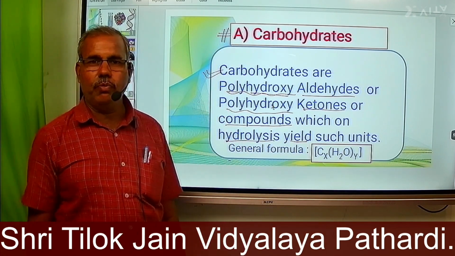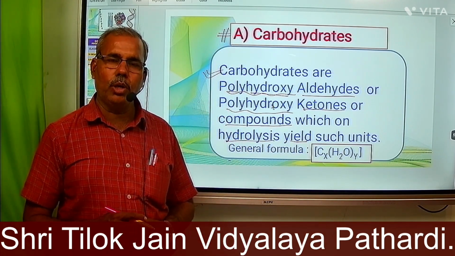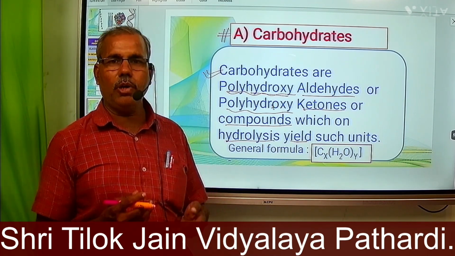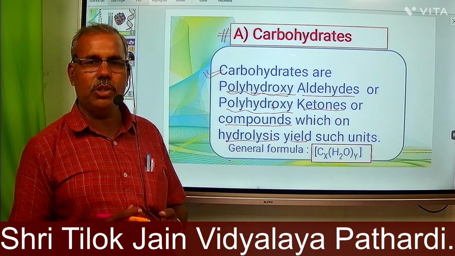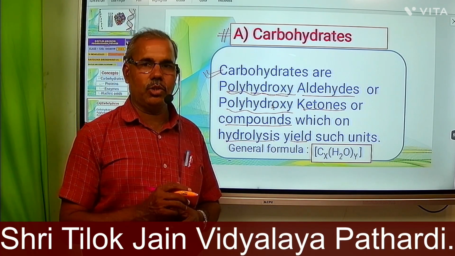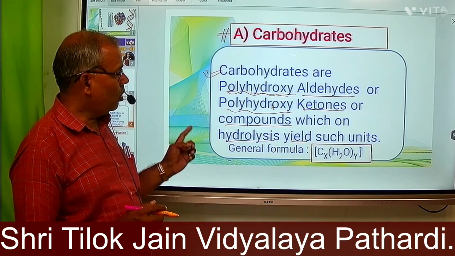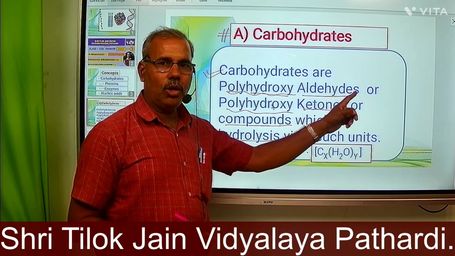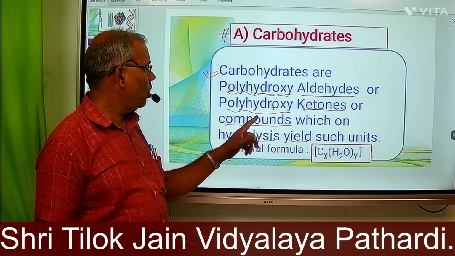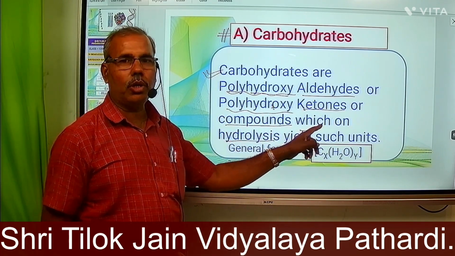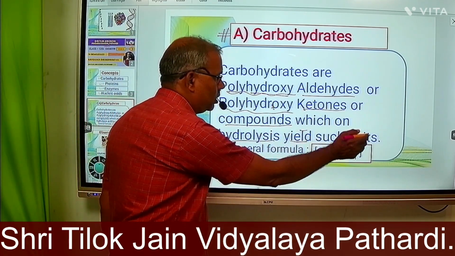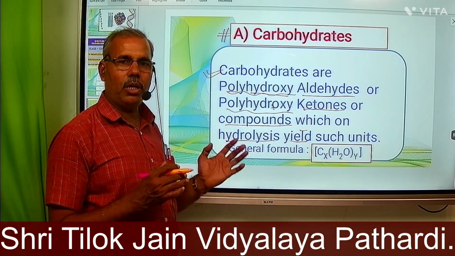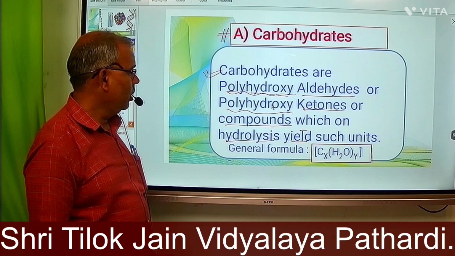That is, if we hydrolyze a compound and obtain polyhydroxyaldehyde or polyhydroxyketone, then it is also a carbohydrate. So overall, carbohydrates are polyhydroxyaldehydes or polyhydroxyketones, or compounds which on hydrolysis yield such units.